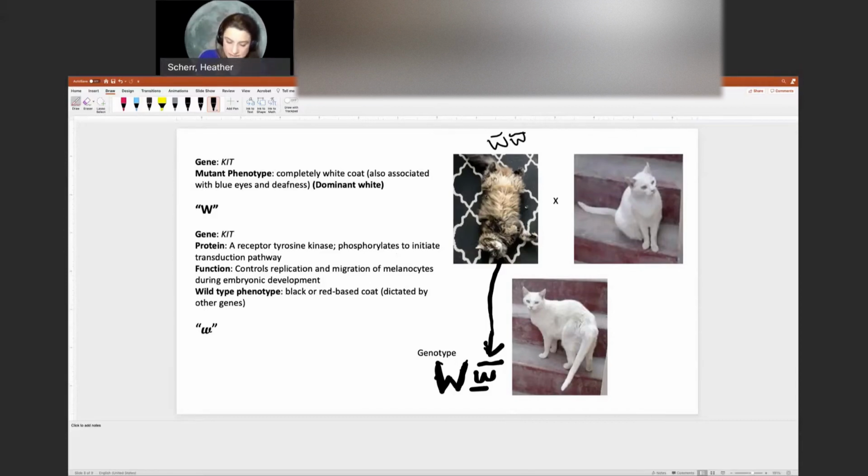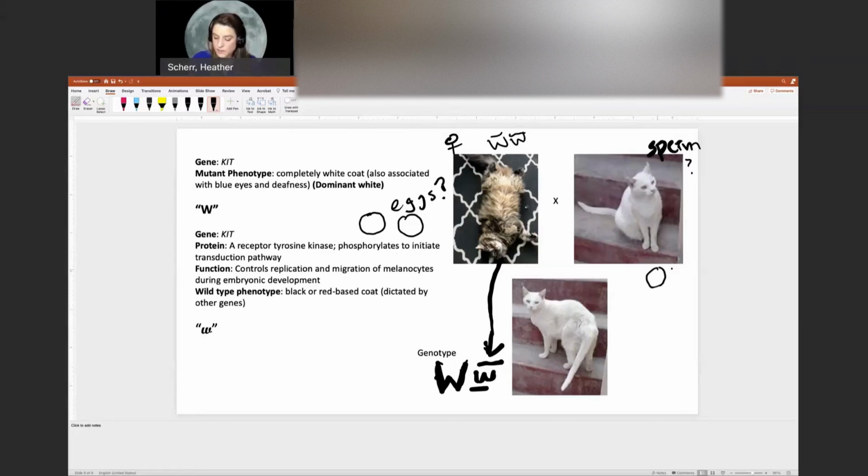And why is that? Let's think about this. Let's say this is the female cat. What are her genotypes for her eggs? What kind of genotypes can she have in her eggs? And what can he have in his sperm? The eggs would probably just have the recessive allele, and the sperm from the male can have either the recessive or the dominant gene.